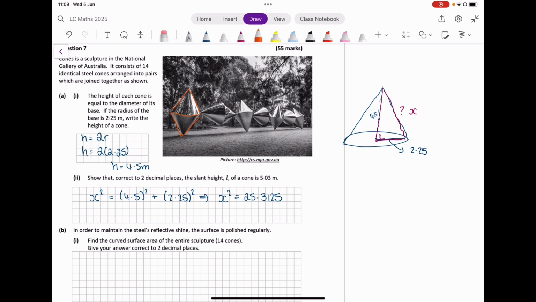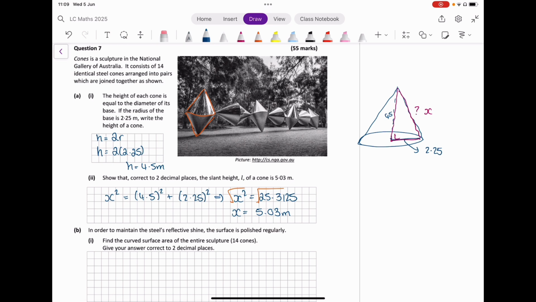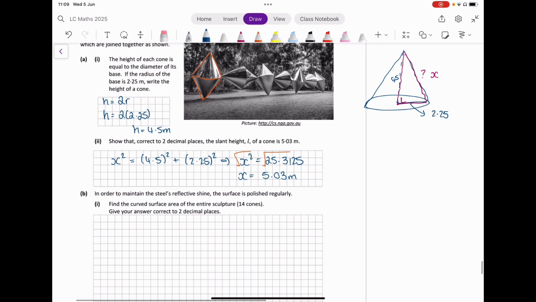And then I take the square root of both sides to get x is equal to 5.03, and it's meters. Okay, so again, using Pythagoras' theorem, finding those right angle triangles where I can find them, because it's quite easy to work with Pythagoras' theorem to find lengths. So we're always looking for those right angle triangles.